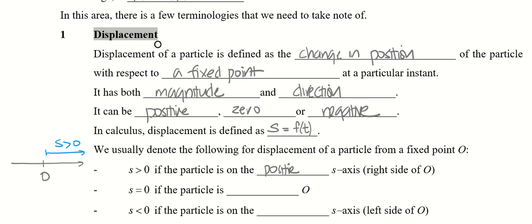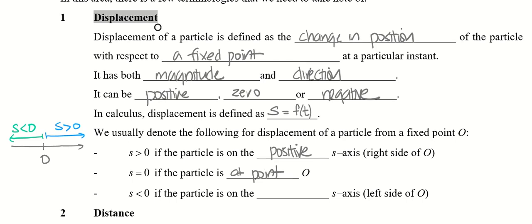If s equals 0, the particle is at the point O. Let me write it. Now s smaller than 0 means everything from here, so it's on the negative s-axis.